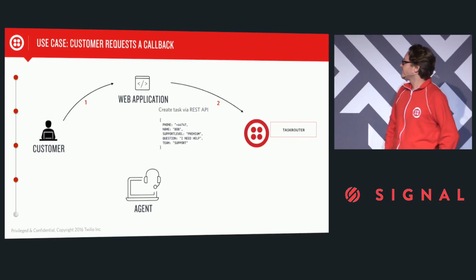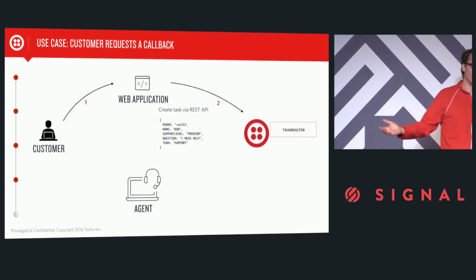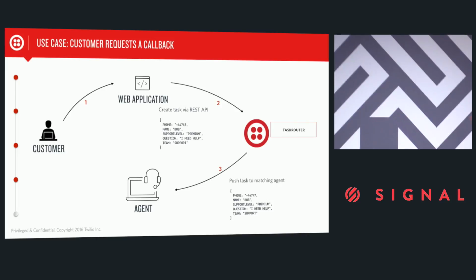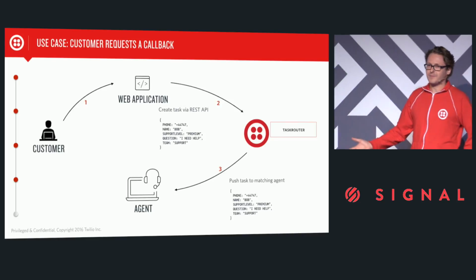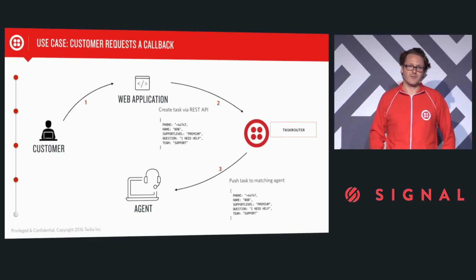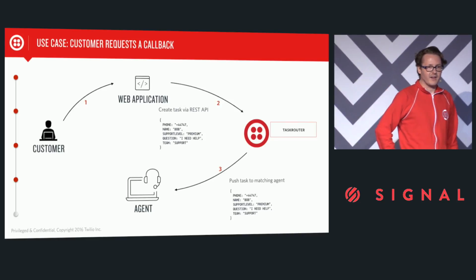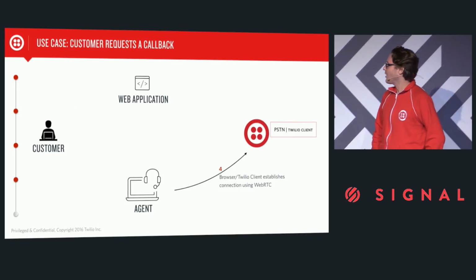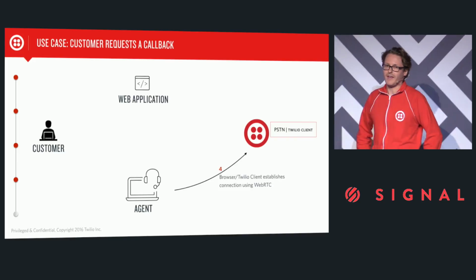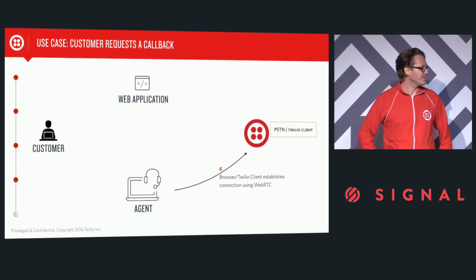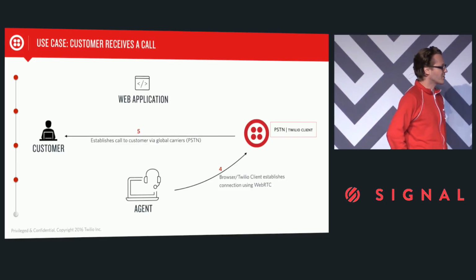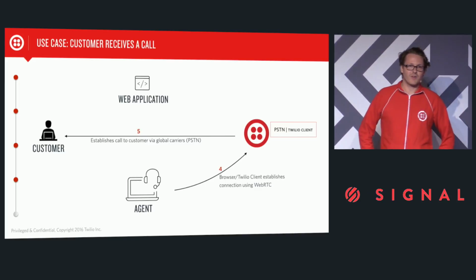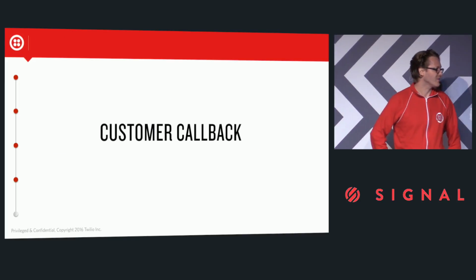Now TaskRouter looks for an available agent with a matching skill set, and if an agent is available, the agent gets the task assigned. In a second step, the agent calls back the customer with our Twilio client on his phone. So let's switch to our demo and look at how this works.